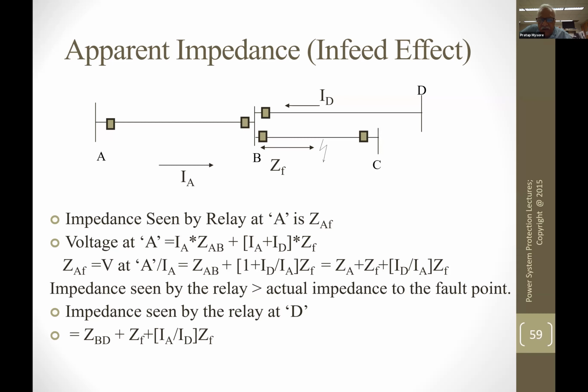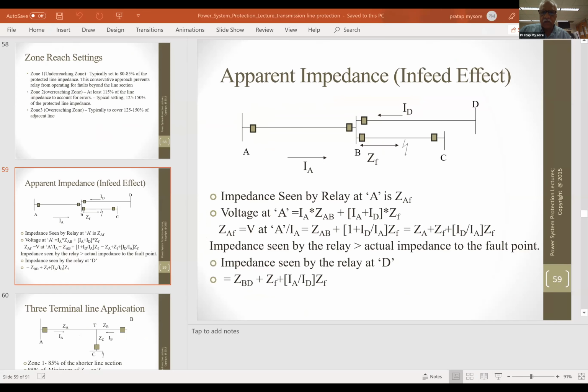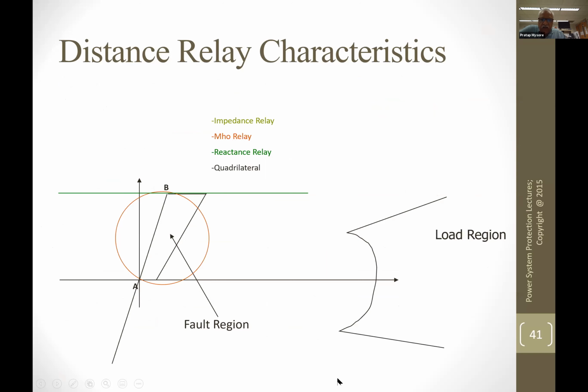We saw that we had load encroachment, right? Let's go here and see. This is the load region, right? So when I have section AB, zone 1 is set up to cover up to this.